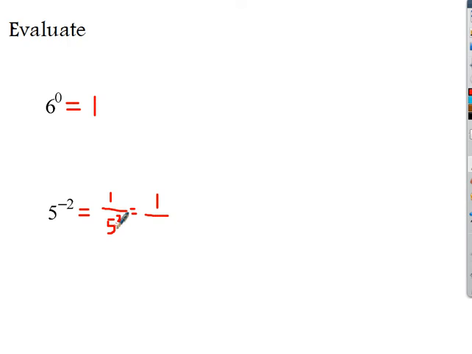And 5 to the second power is 5 times 5, which is 25. 5 to the negative second power is 1 over 25. You may notice that 5 to the second power is 25. And these two answers are reciprocals of each other.